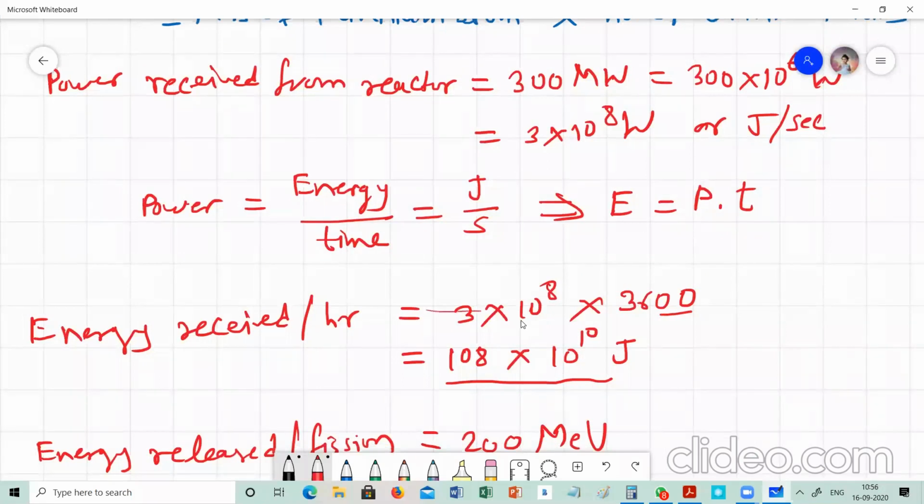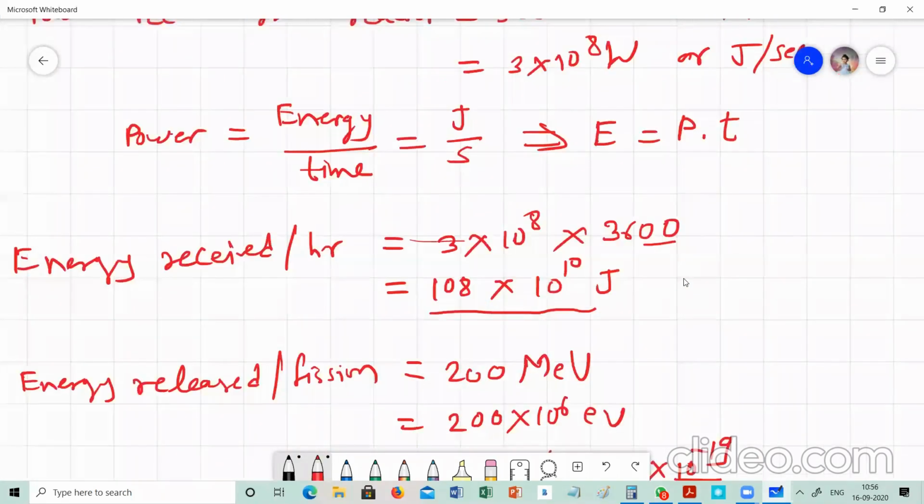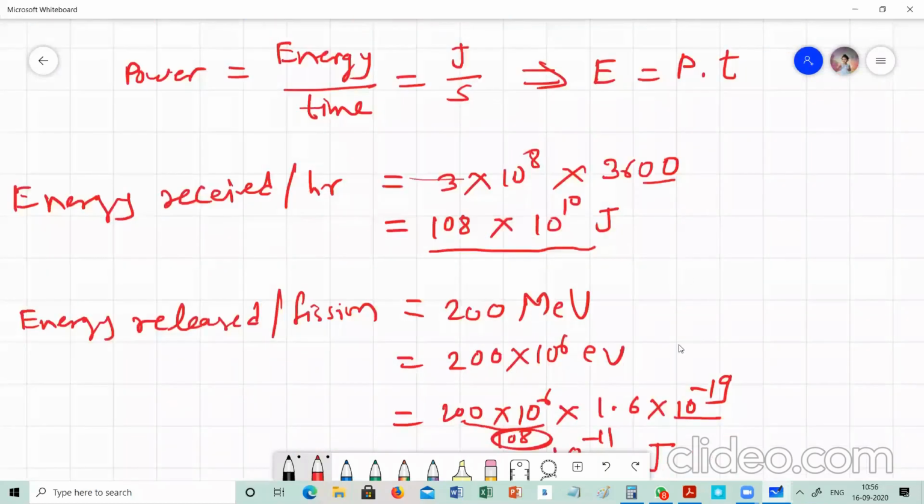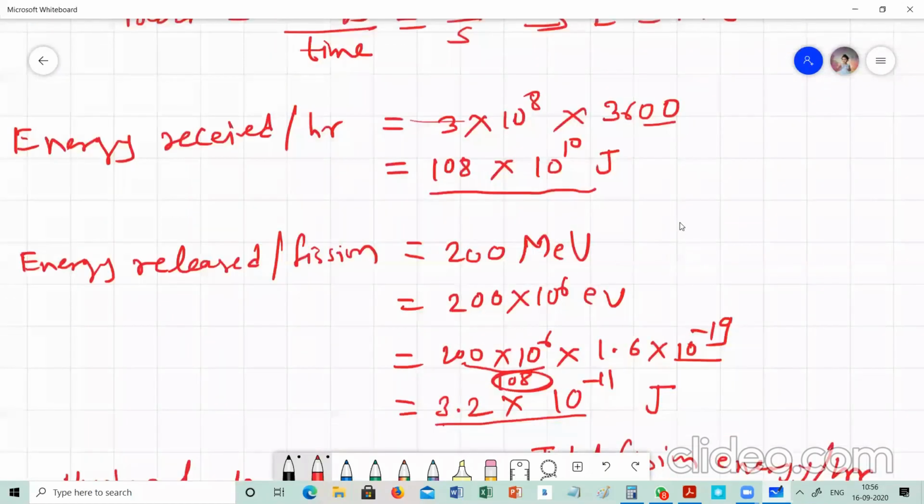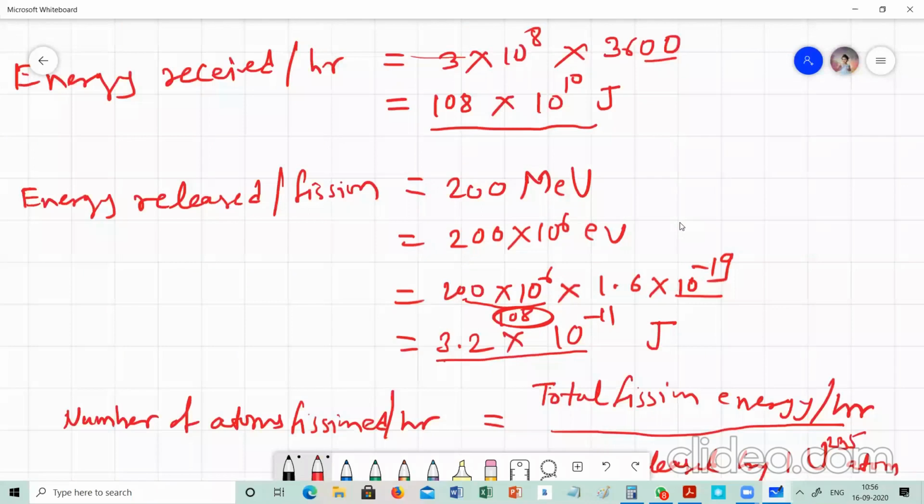That means we have to multiply it by 3600 seconds, since 1 hour is equal to 3600 seconds. They have given the energy released per fission by one uranium atom, which is equal to 200 mega electron volt. We have to convert that to joules, which means multiplying by 1.6 into 10 raised to minus 19.